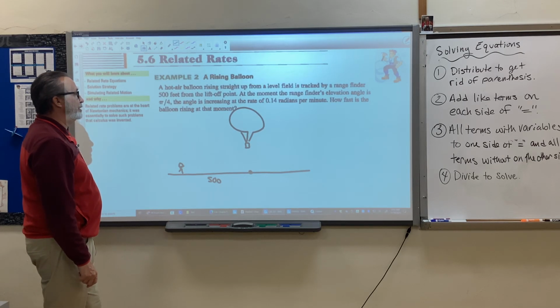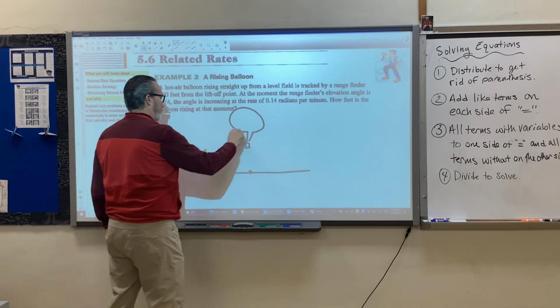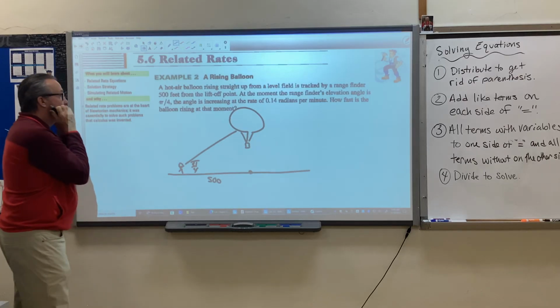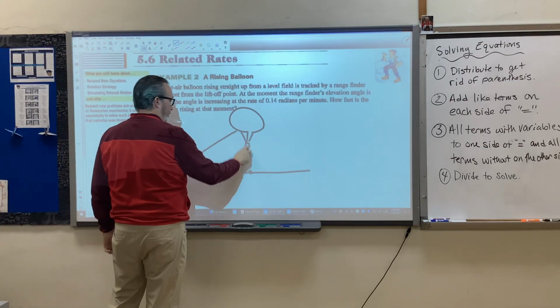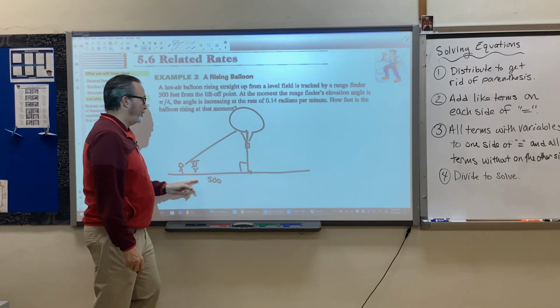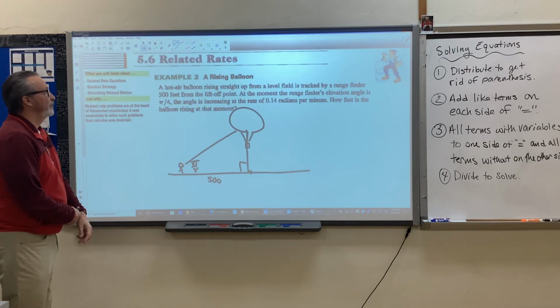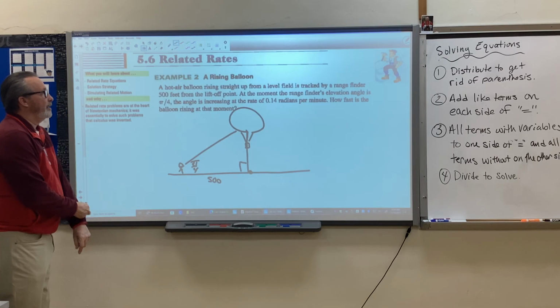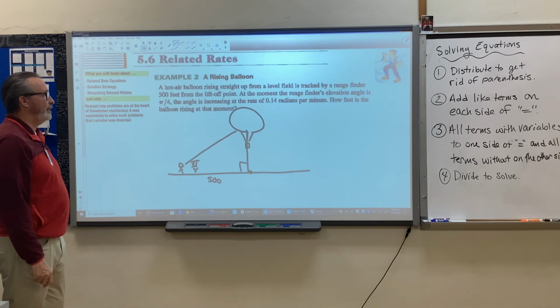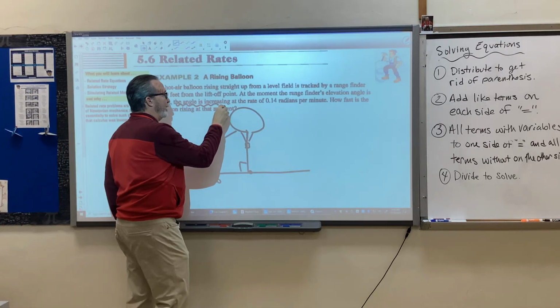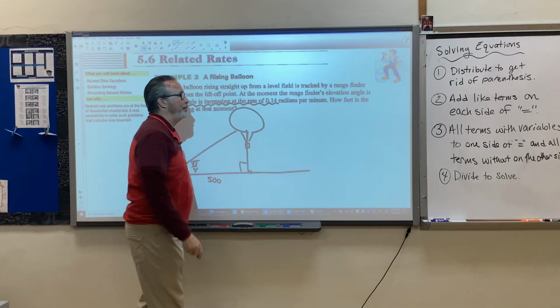The moment the rangefinder's elevation angle is pi over 4, the angle is increasing at a rate of 0.14 radians per minute.